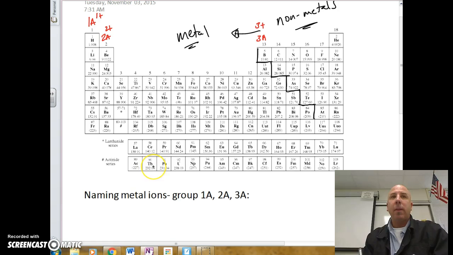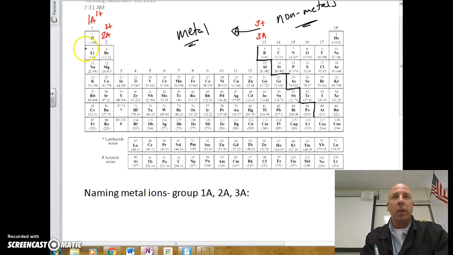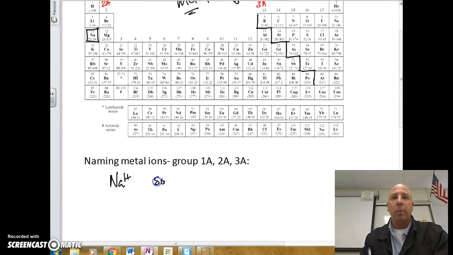And so the naming conventions of these guys is very easy. We just call it the name of the element. So for example, if we had Na1+, we would just call this the sodium ion. Or if we had Al, it would be called the aluminum ion.